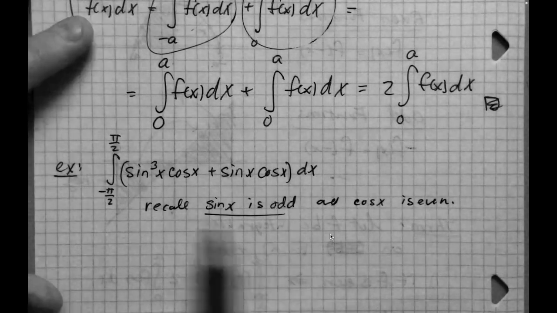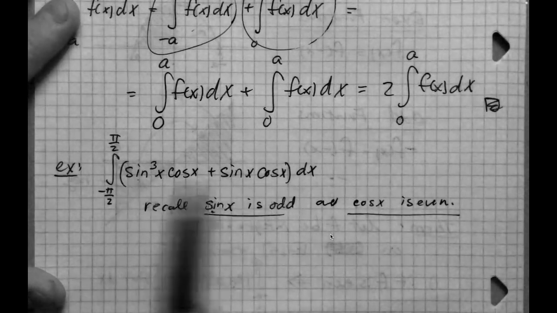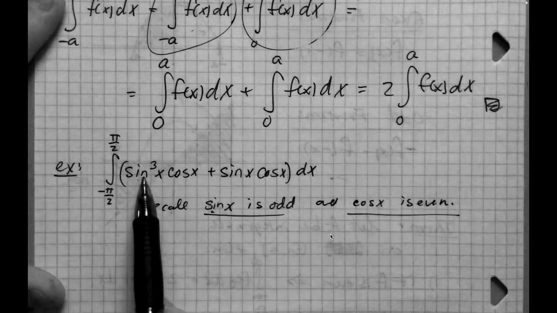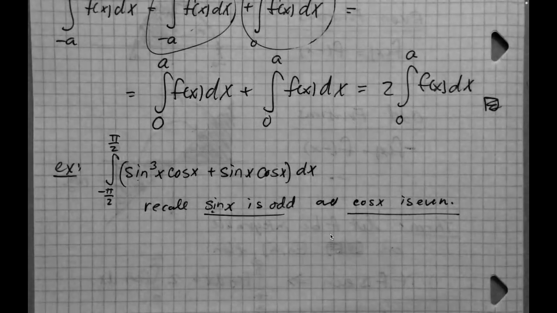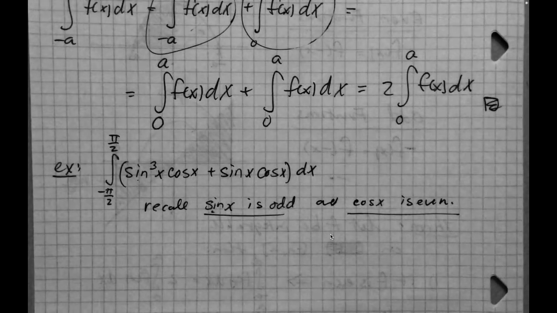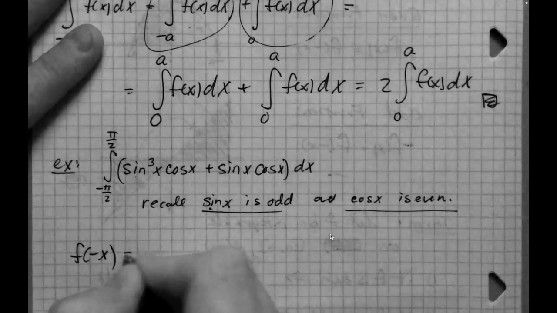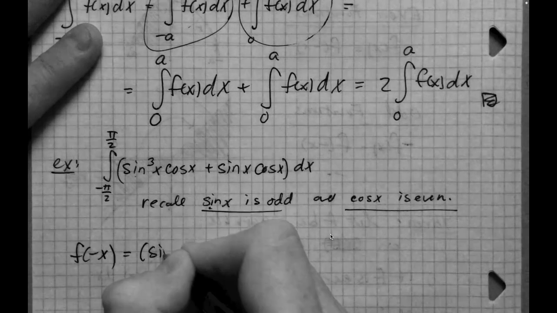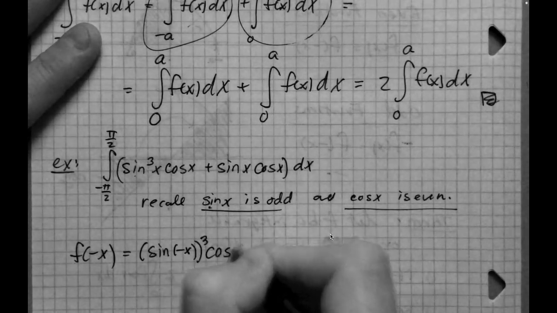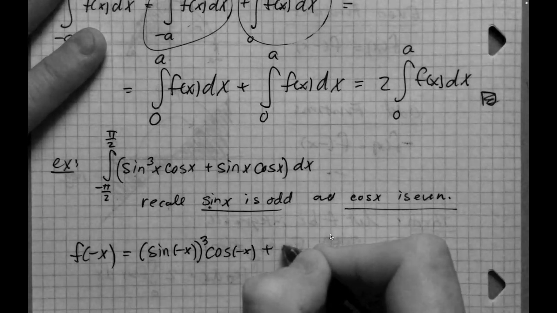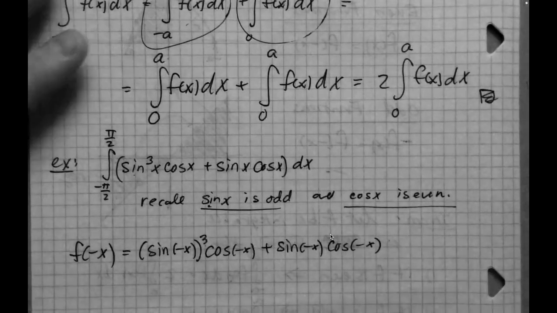Okay, so then if sine of x is odd and cos of x is even, what is this? It's basically just a bunch of sines and cosines multiplied and added together. Can we determine whether it's even or odd? We sure can. We can evaluate f of negative x, and we'll say that's sine of negative x cubed times cosine of negative x plus sine of negative x times cosine of negative x.